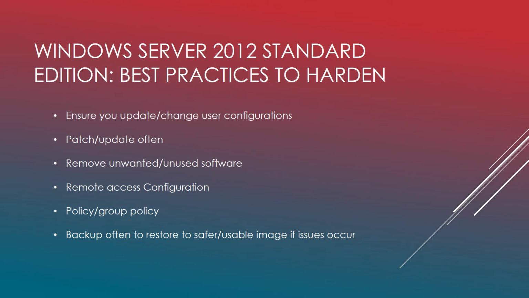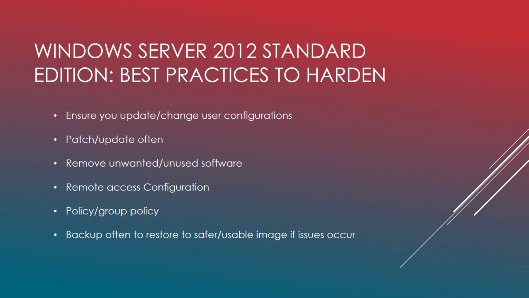Deleting this unused and unwanted software also eliminates avenues that attackers can get in through in case one of these software has an issue that makes it easy to breach.